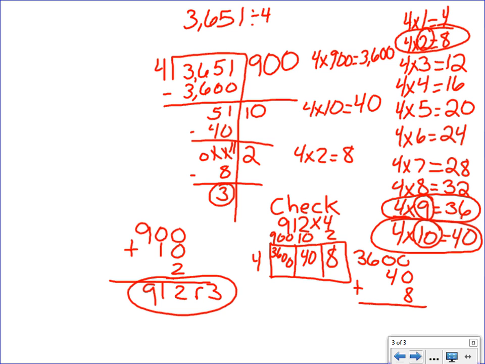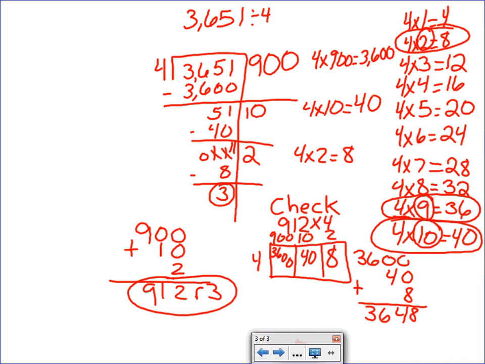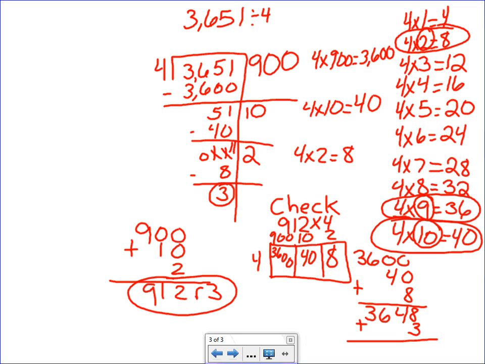Kind of an incentive for knowing your multiplication facts. Can't forget about my remainder 3, so I'm going to add that back in. Remember, if that number matches this number up here, then my answer of 912, remainder 3, is correct.